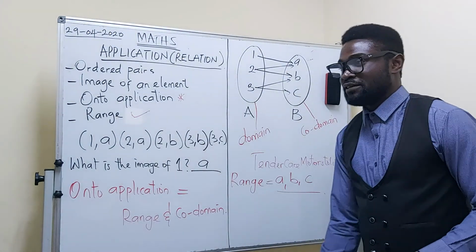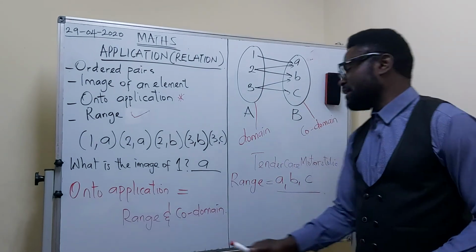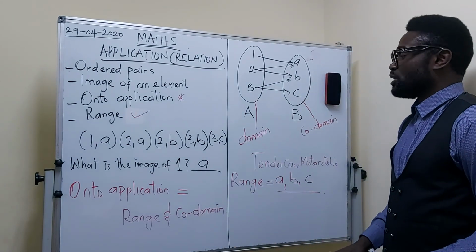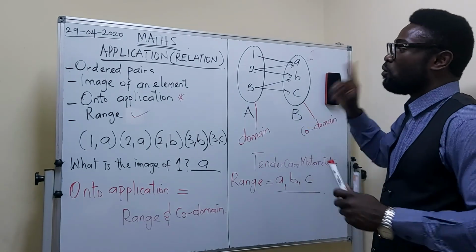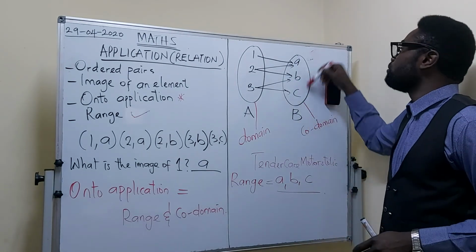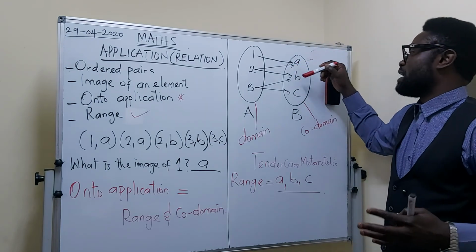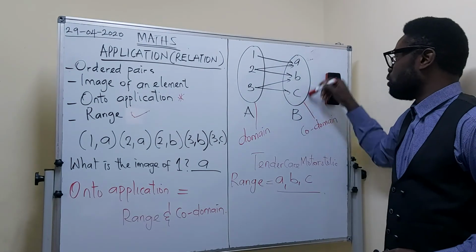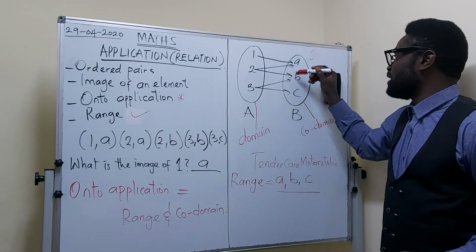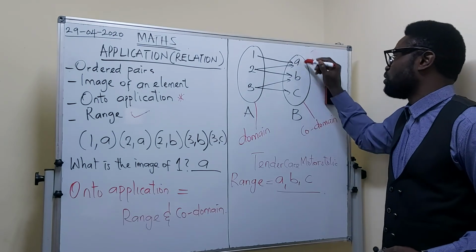I will repeat myself again. If you have range equals to the codomain, it means range can only be equal to the codomain on one condition. For example, what we have on the board is a good example of what I just explained. This is the codomain. When we say range, we mean every element arrowed in the codomain.